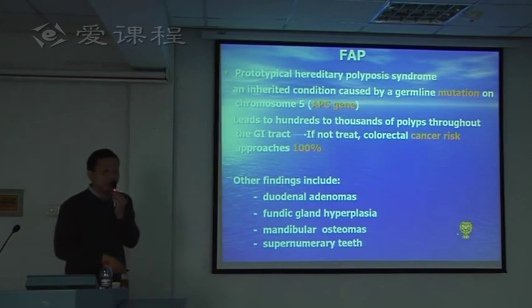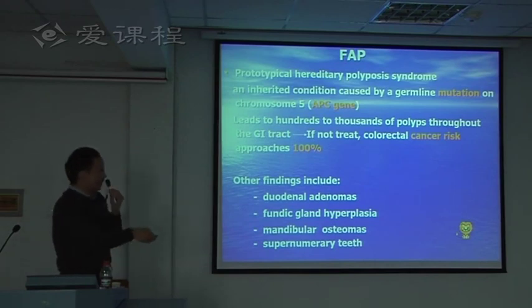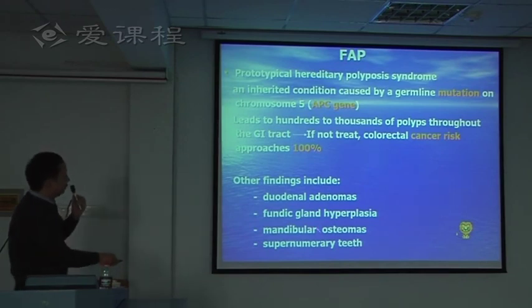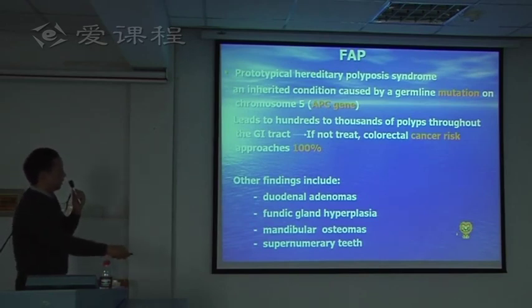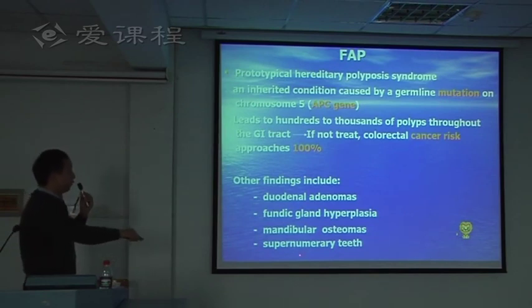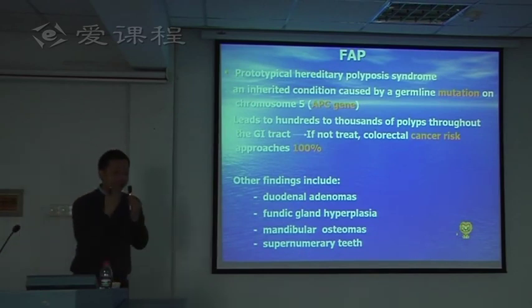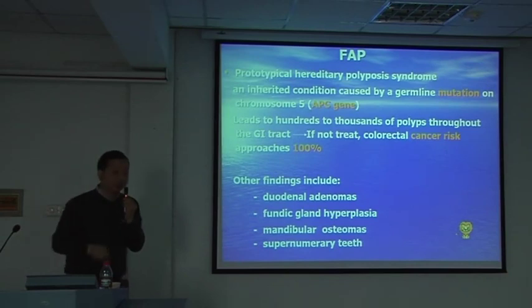So this is why we should treat FAP at the very beginning of the disease. Other findings include duodenal adenomas, fundic gland hyperplasia, mandibular osteomas, and supernumerary teeth, more teeth than normal people.